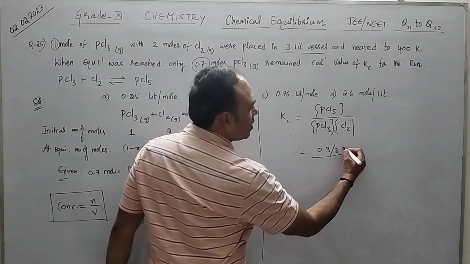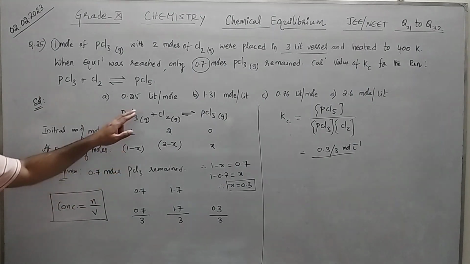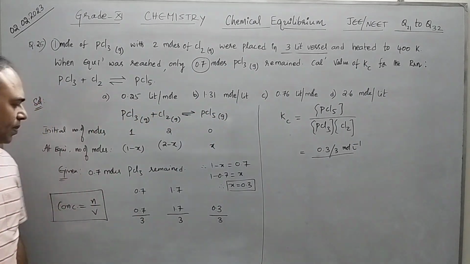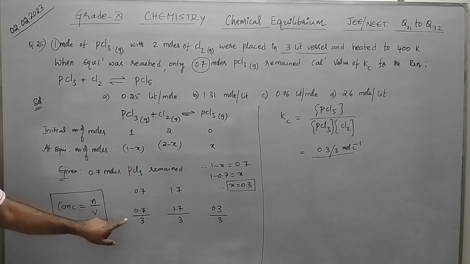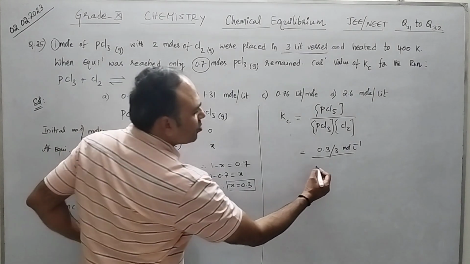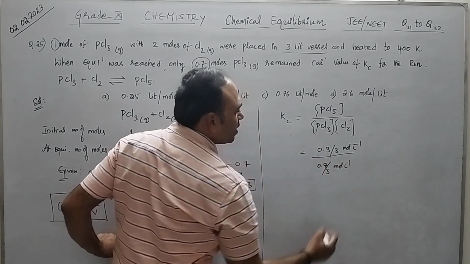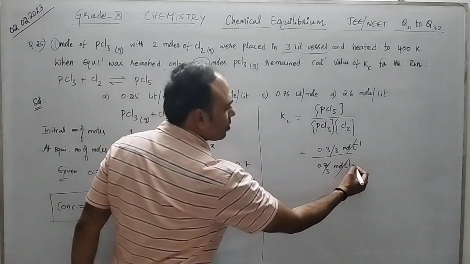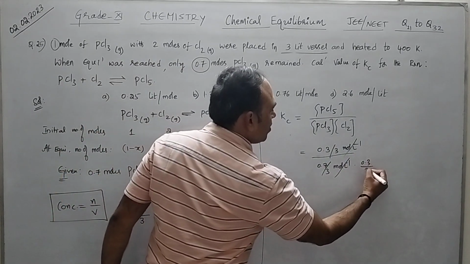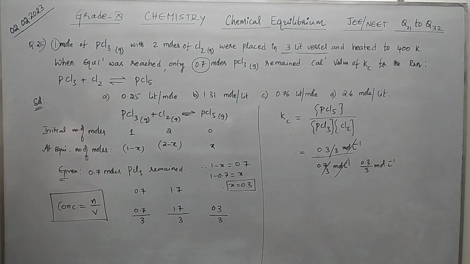We can write the unit, nothing but mole per liter. Why am I writing it? Because here the unit is also mentioned. Divided by, now you know that concentration of PCl3 is 0.7 by 3. Substitute that, 0.7 by 3, again mole per liter. You can cancel this. Next, this is 0.3 by 3 mole per liter. Hope you have understood this.